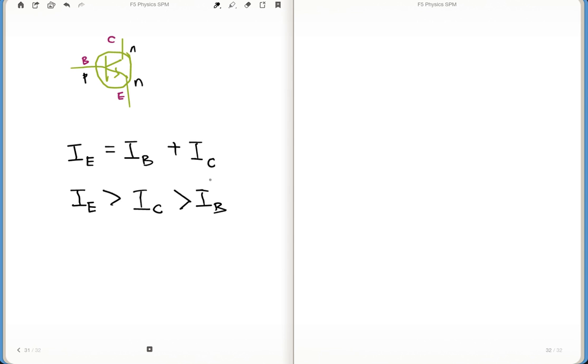This is where you input a few milliampere and you actually get a few ampere of current over the collector. If you input a few milliampere, which is such a small current, you get a few ampere over the collector. How is that so?